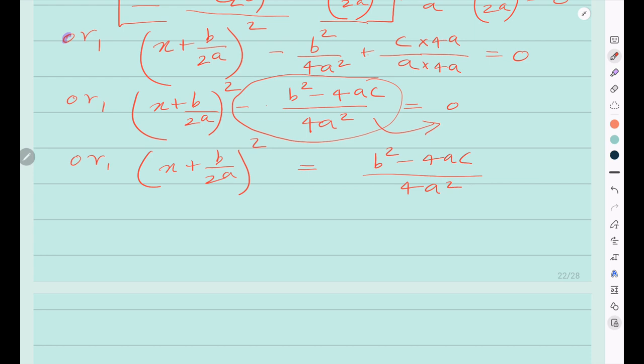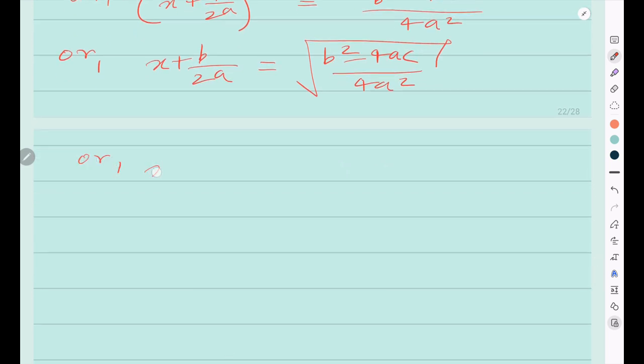Okay, now do the square root of both sides. Then this will become x plus b by 2a is equal to the square root of b square minus 4ac divided by 4a square.